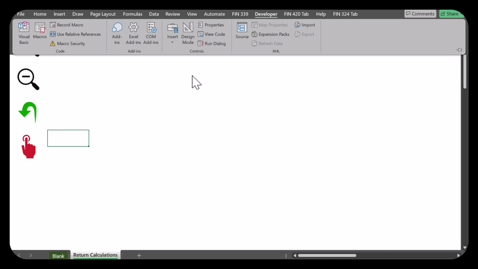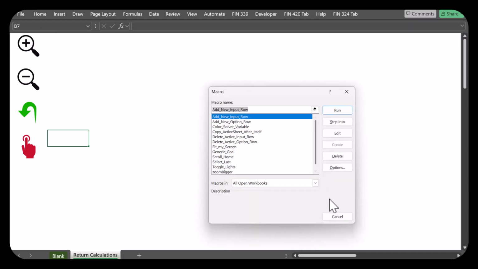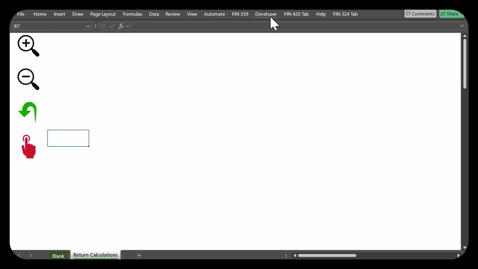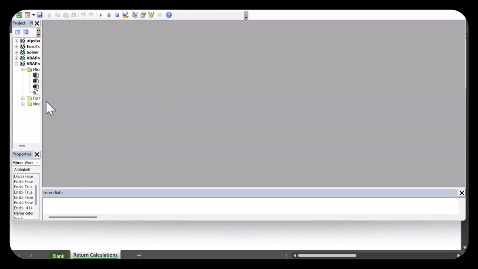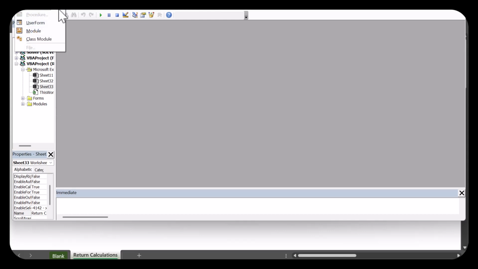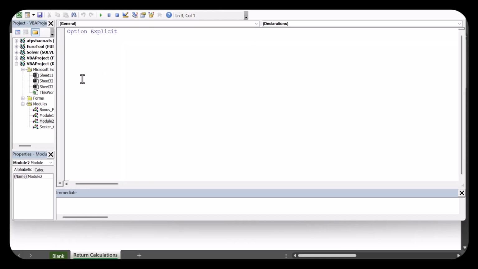If you guys already have the developer tab open, did I show you how to have that available to you guys? Okay. Go to macros. Go to Visual Basic. I'm going to insert a new module. And let's do a function.